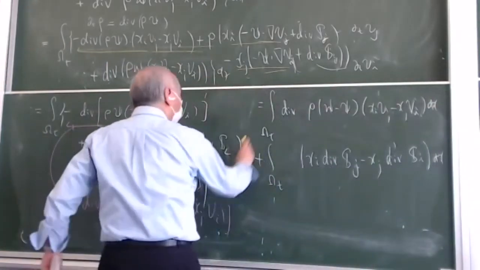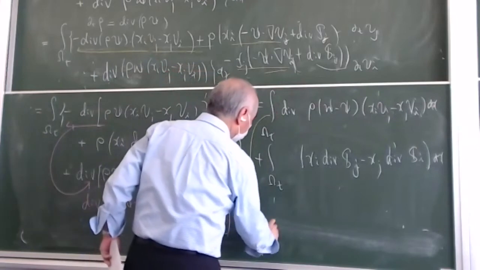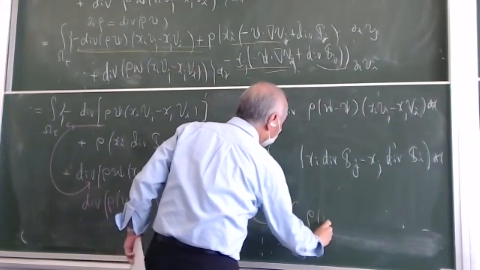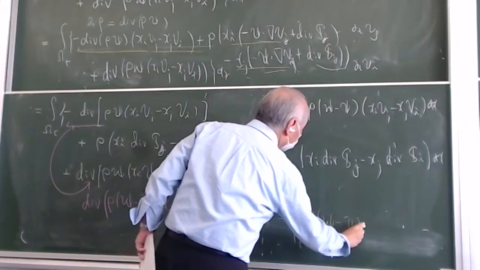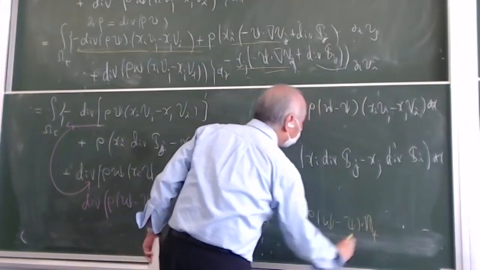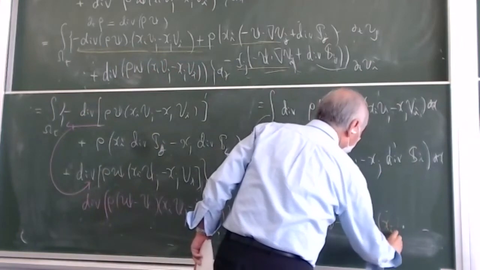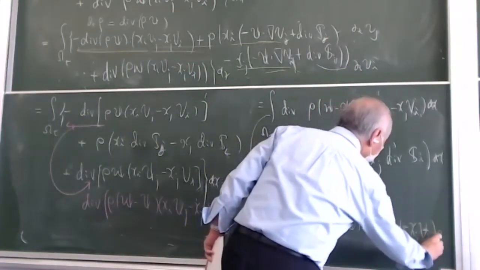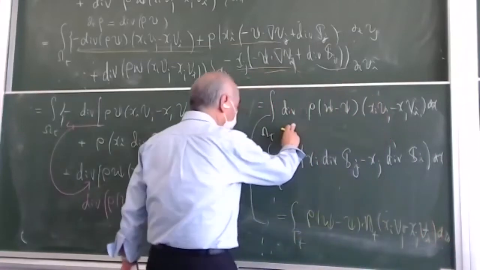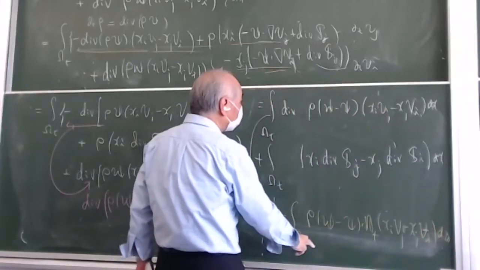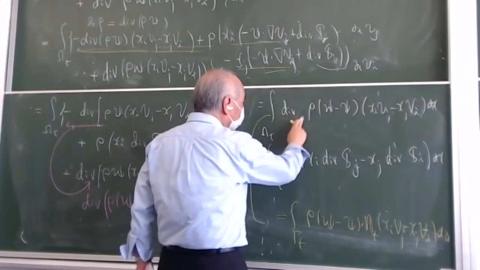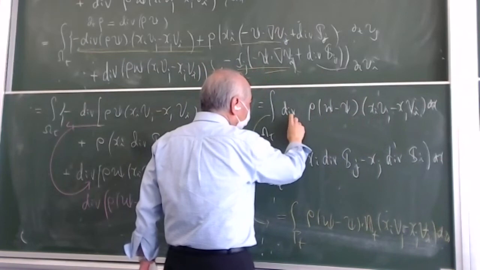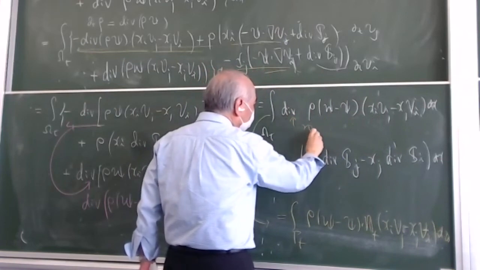That sum is zero. This sum is bounded. The formula is a vector, so this is a scalar and this is a vector.